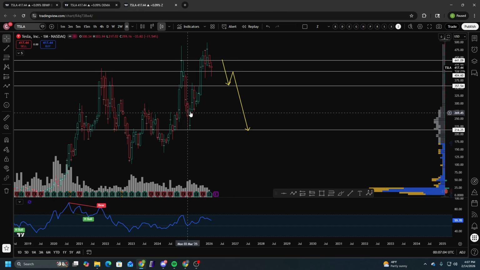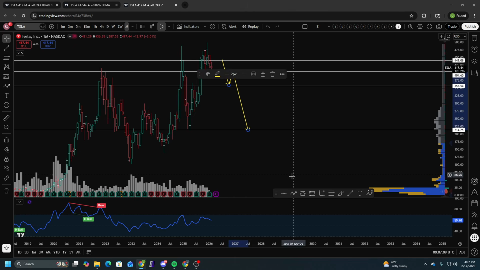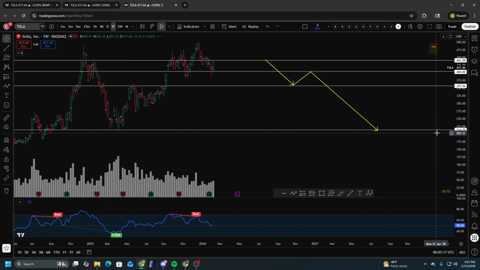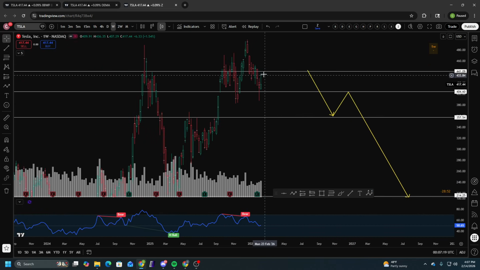So, if we hold this level, we will make a new all-time high. If we fail this level, potentially, and you'll see when you hop into the weekly time frame here, we're currently in a downtrend.